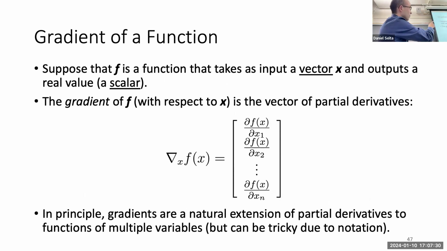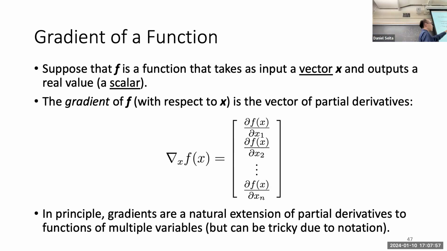The f here is a function that takes in some vector x and outputs a real value, a scalar. So the gradient does not make sense if the output is a vector, if the output has more than one item. It's only if you're taking a vector and you produce a single number after that.